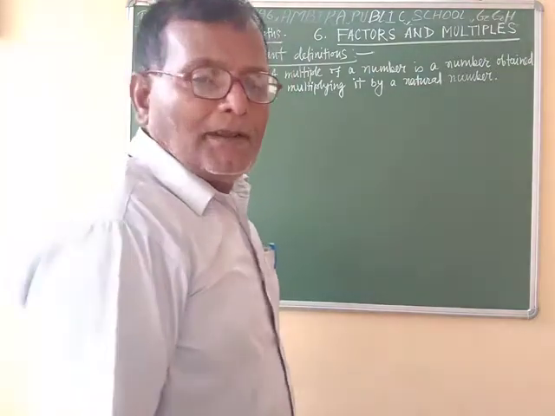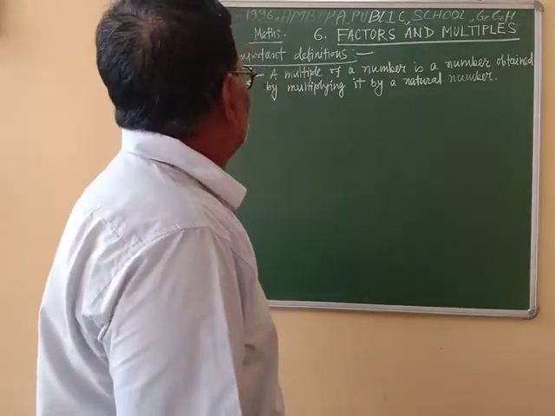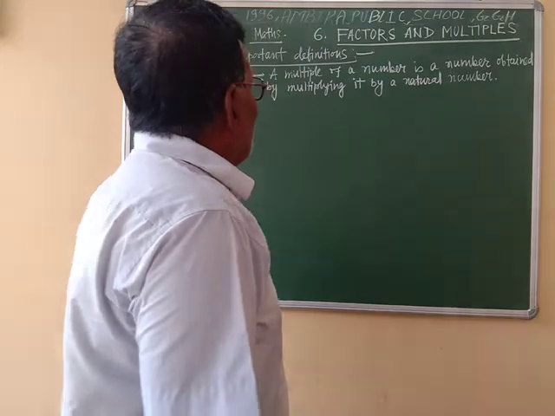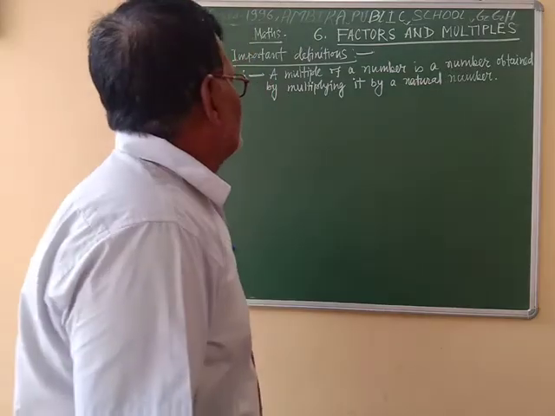Second definition, a multiple of a number is a number obtained by multiplying it by a natural number.